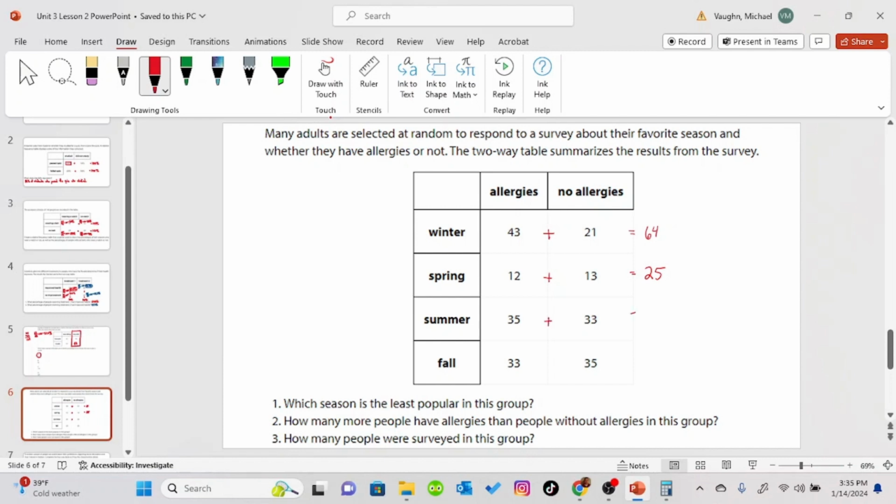Summer has a total of 68 who prefer summer. And fall has a total of 68 who prefer fall. So the least popular season in this group would be spring.